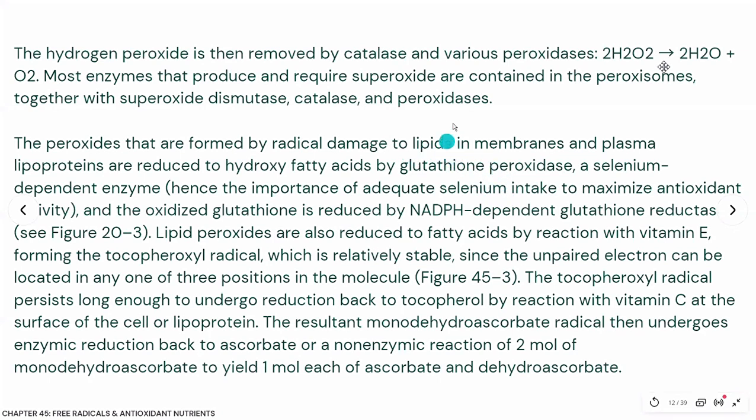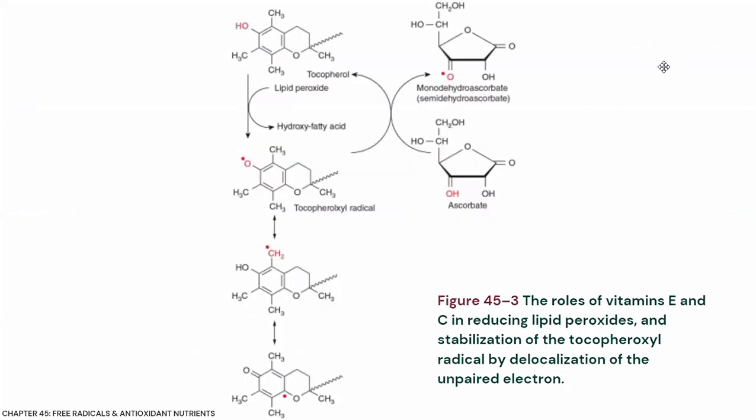Now, the combination of vitamin E and vitamin C is seen as a tandem to remove free radicals. Example. We have two vitamins here. This is your vitamin E, tocopherol. And this is your vitamin C, ascorbic acid.